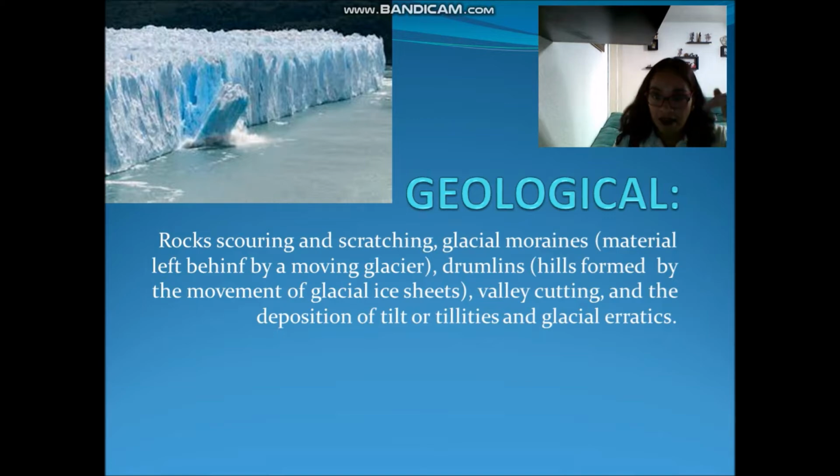Drumlins, which are hills formed by the movement of glacial ice sheets. Also, valley cutting and the deposition of till, and glacial erratics. We're observing a picture of a glacial erratic.